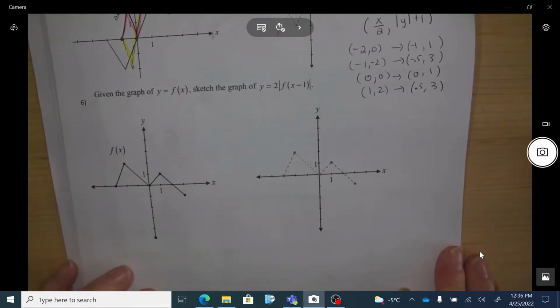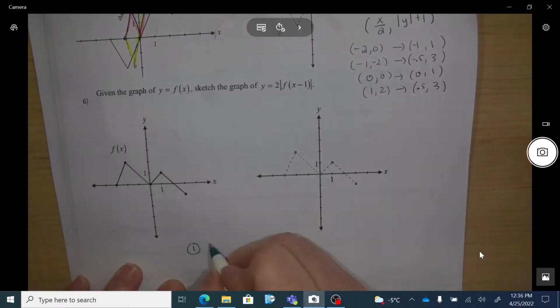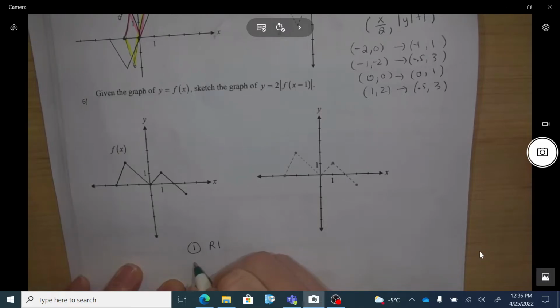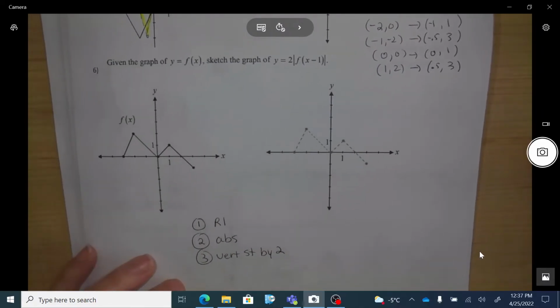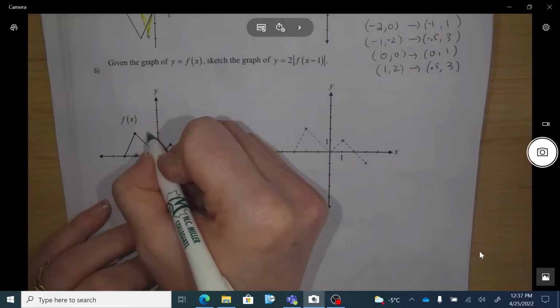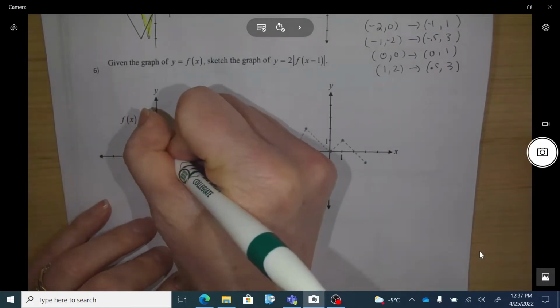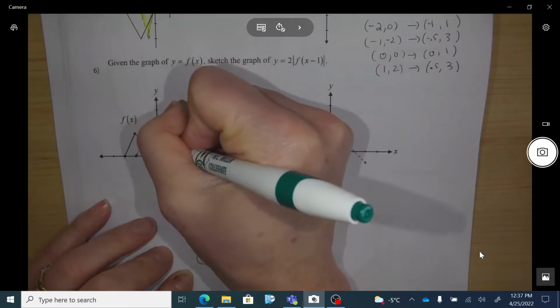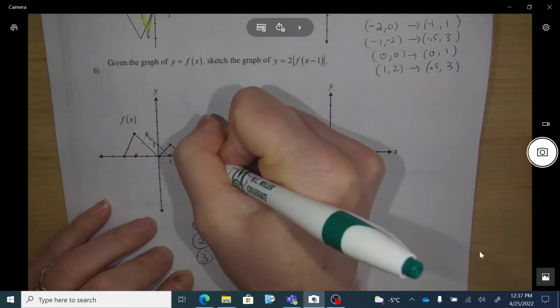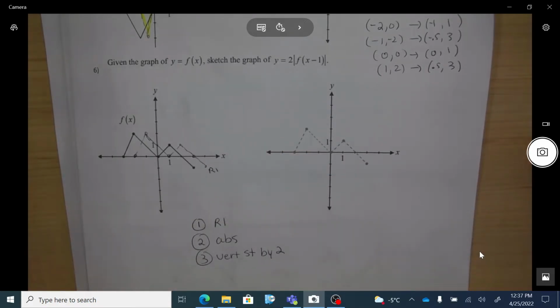Okay, so now here we're going to, in order, go right 1, then we're going to absolute, and then we're going to go vertical stretch by 2. Okay, so I'm going to go right 1, now I'm going to absolute that.